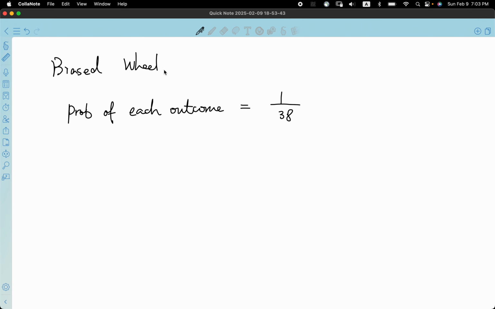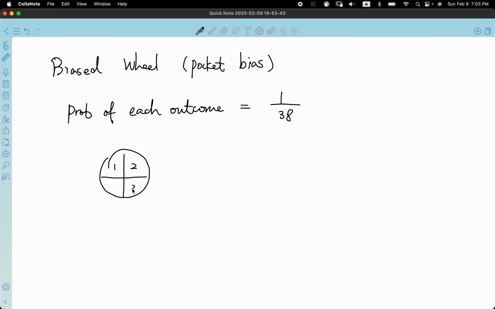And now we are going to talk about a biased wheel, or more specifically, we're focusing on the pocket bias. So in this scenario, we are assuming that the ball is in favor of particular pockets. Let me also make an analogy. For example, we have a wheel that is equally spaced with 4 numbers.